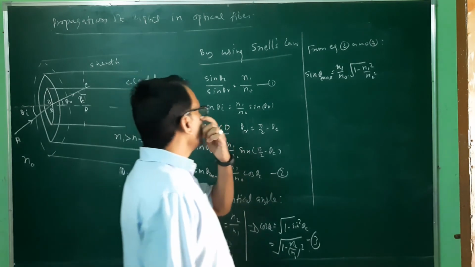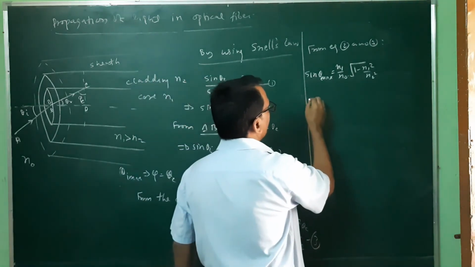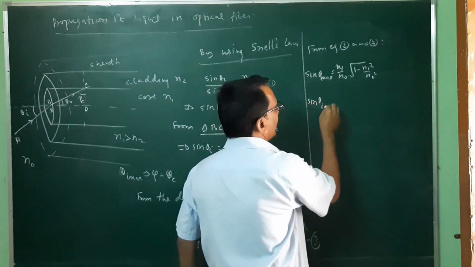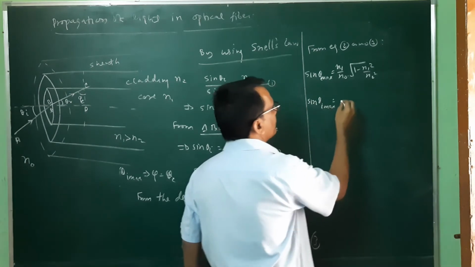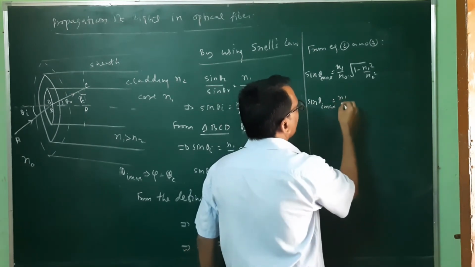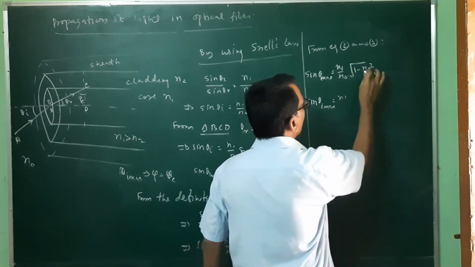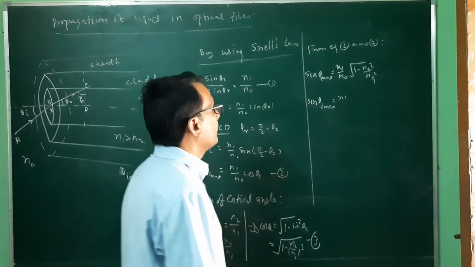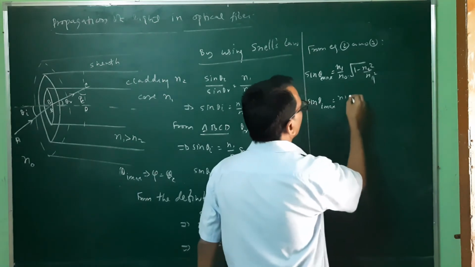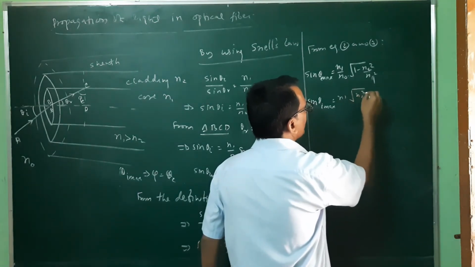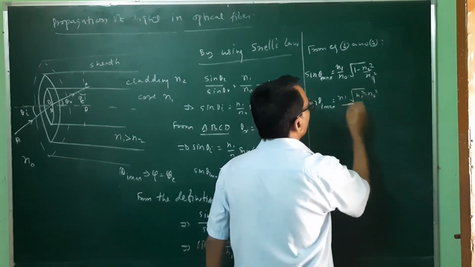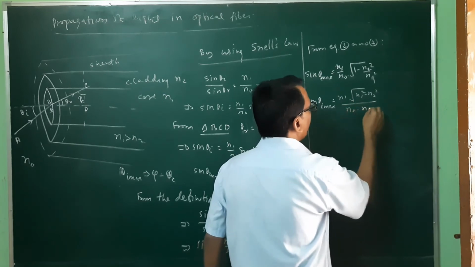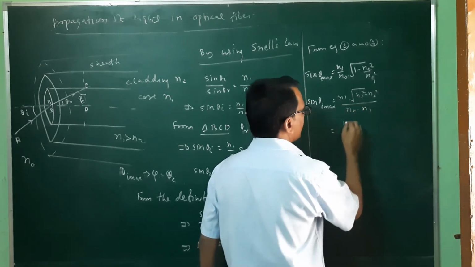By calculating this, one will have sin theta I maximum equivalent to root of N1 square minus N2 square by N naught.